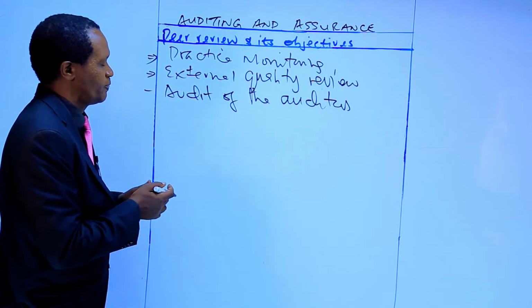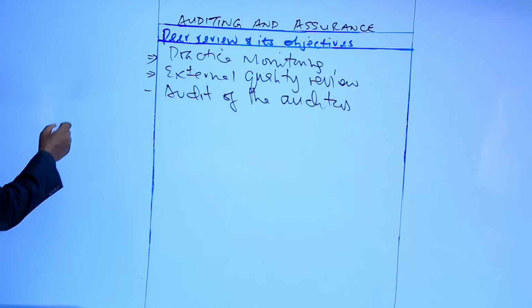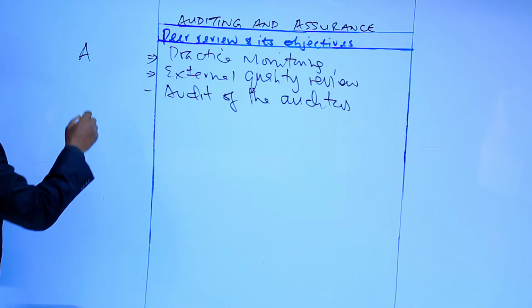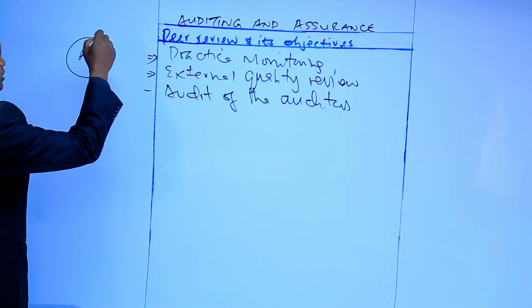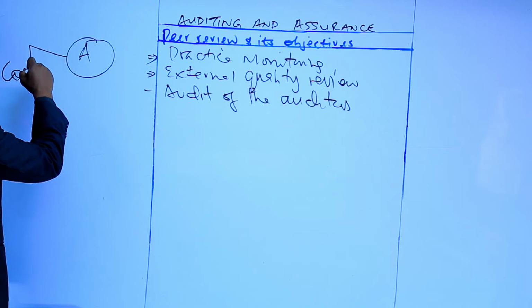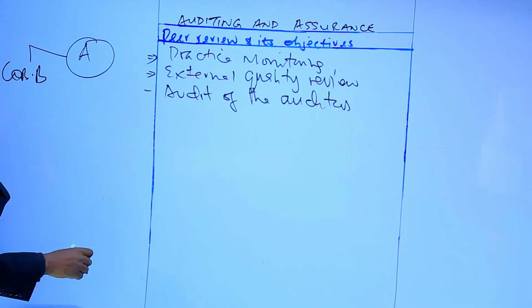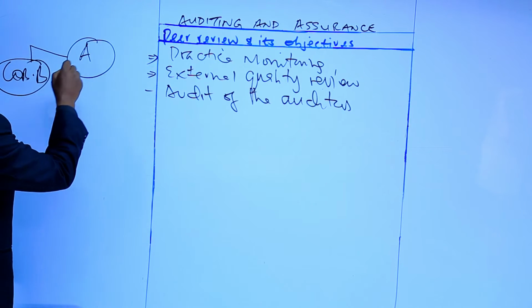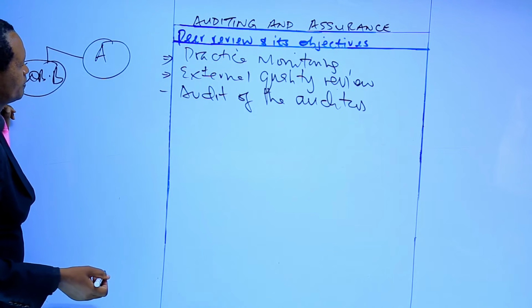So if you have audit firm A that audits company B, so company B contracts company A to audit its books.